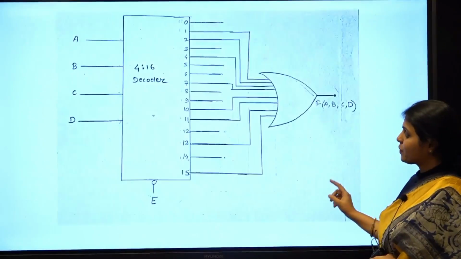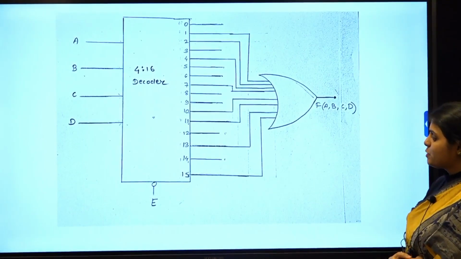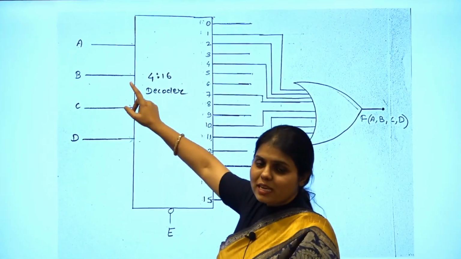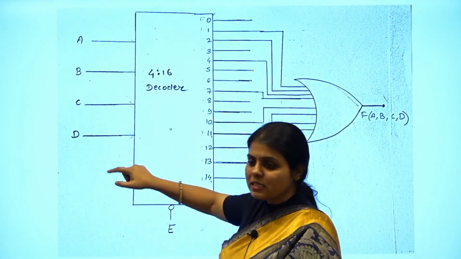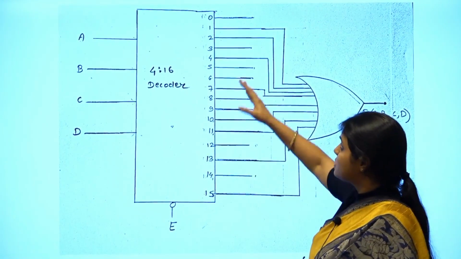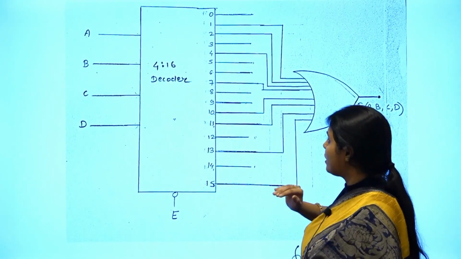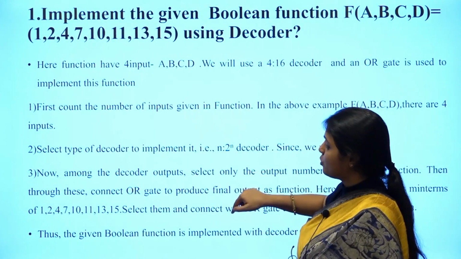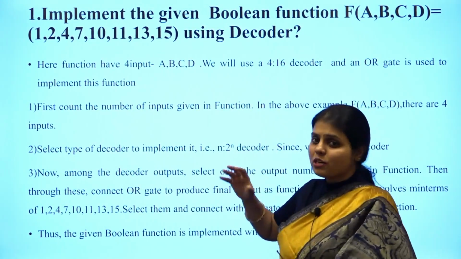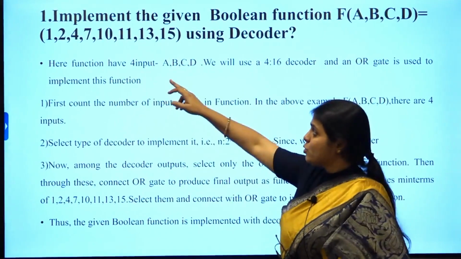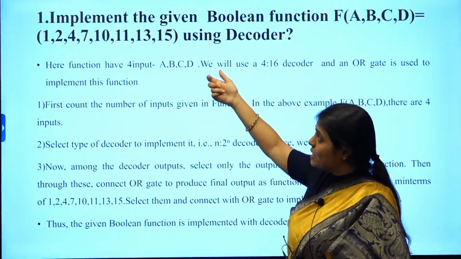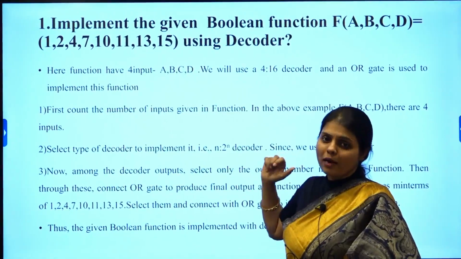Now when you look at this diagram, this is a 4:16 decoder where we have 4 inputs A, B, C, D with 16 possible outputs labeled from 0 to 15. A decoder is all about AND gates, right? Each of them represents a minterm, and for combining all the selected minterms we require an OR gate.